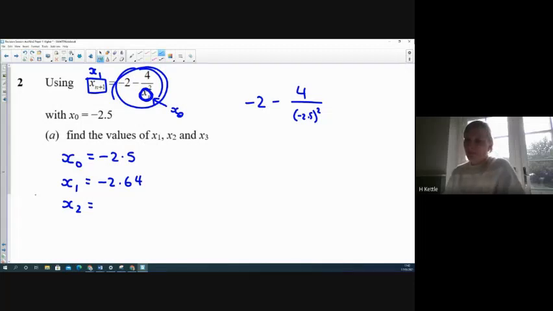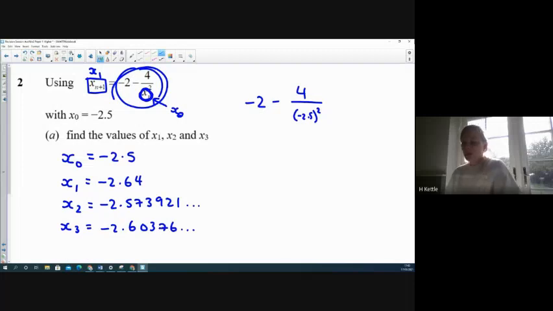And that gives me minus 2.573921. Then to get to x3, I do the same again. Actually, I'll just click equals again. Minus 2.60376. Okay, and so on. So those are the values of x1, x2 and x3.